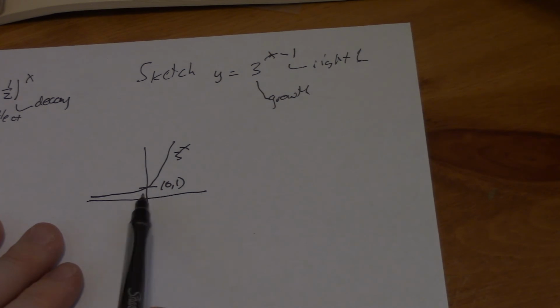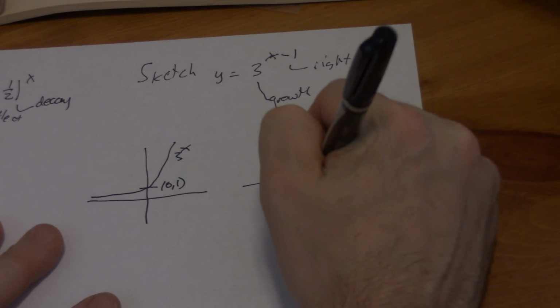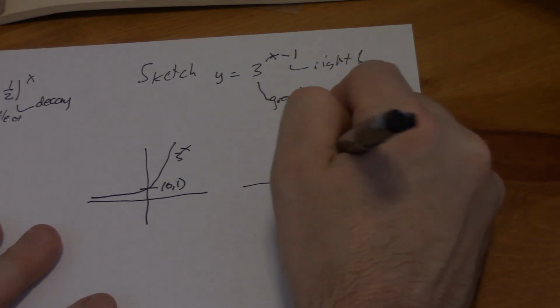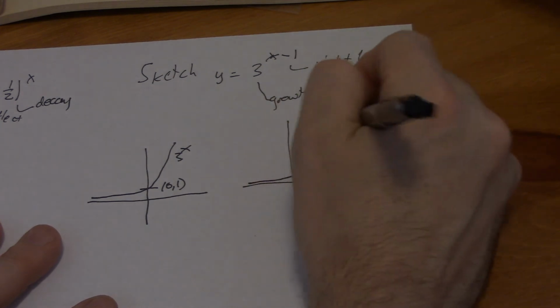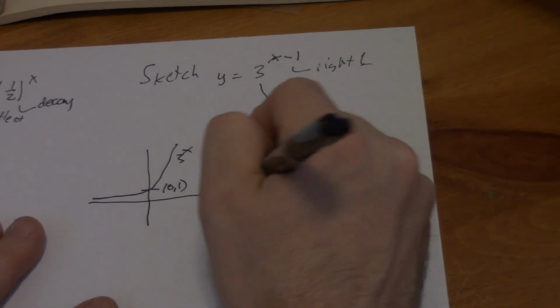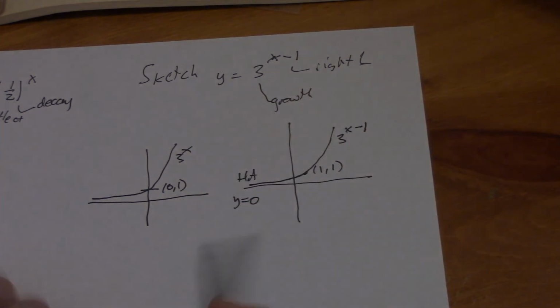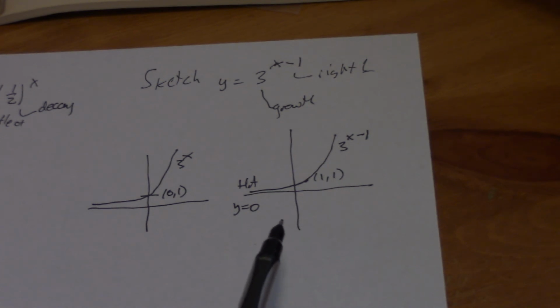If we move it right 1, it's going to be 1, 1. And it's still going to have the same sort of shape. So this would be 3 to the x minus 1. Still going to have a horizontal asymptote of y equals 0, because you're moving horizontally, not vertically. So the horizontal asymptote doesn't change. Okay.